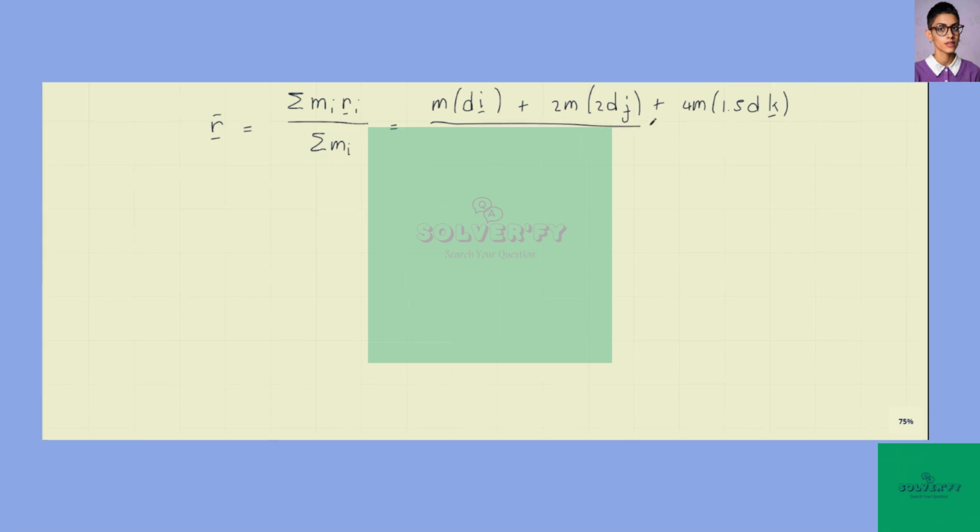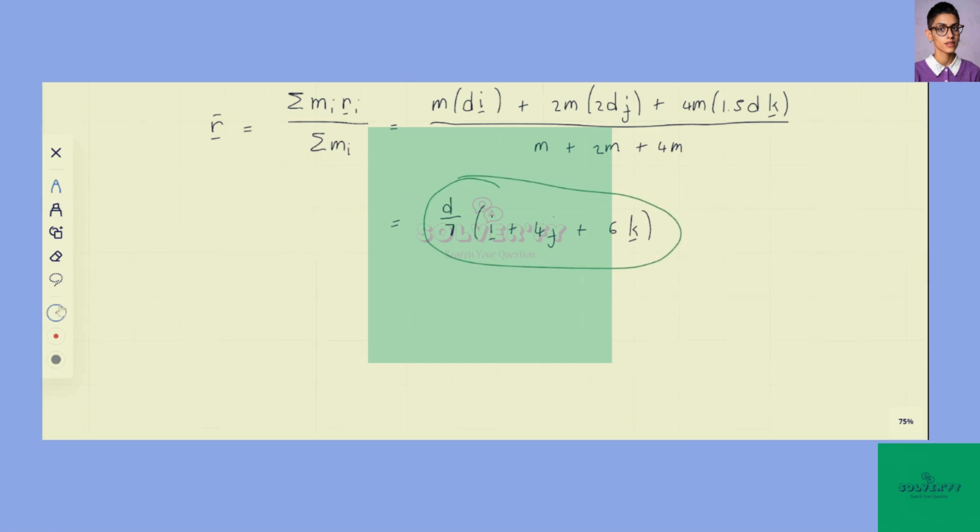All of this divided by the sum of the masses m plus 2m plus 4m. So simplifying, we get this to be d over 7 into unit vector I plus 4 times unit vector j plus 6 times unit vector k. And so that's the position of the mass center of the system of particles.